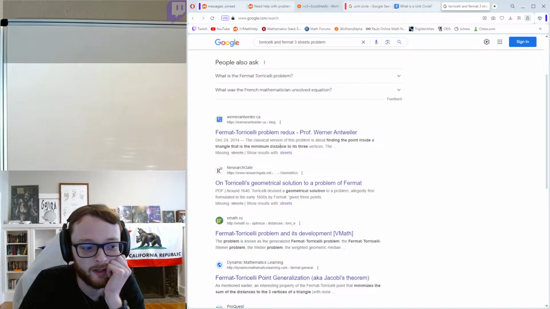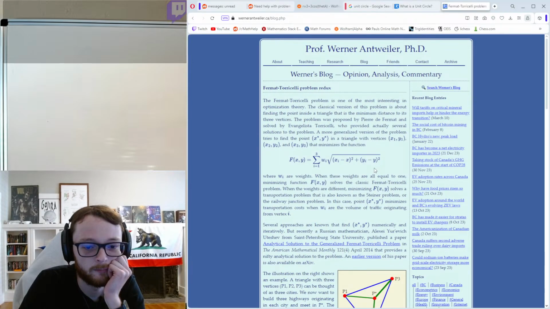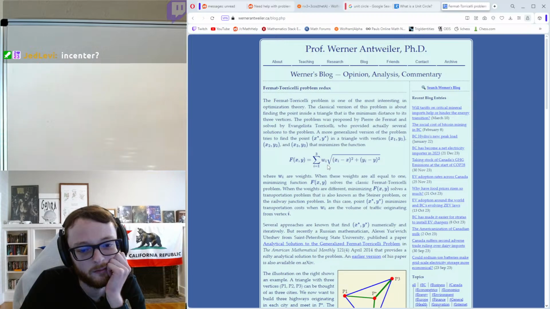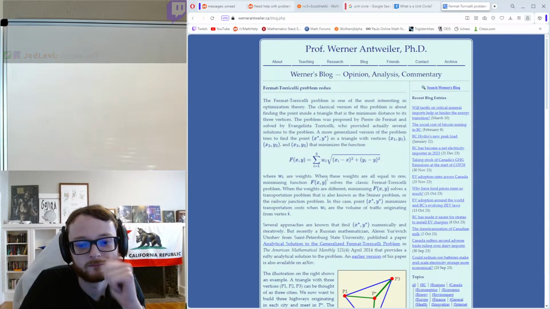Interesting. Wouldn't that just be the, I forget what that's called, but whatever that, like, median middle point is? Maybe it's not that simple, though. In-center, yeah. Oh, I guess that's when they do it with weights. Really?